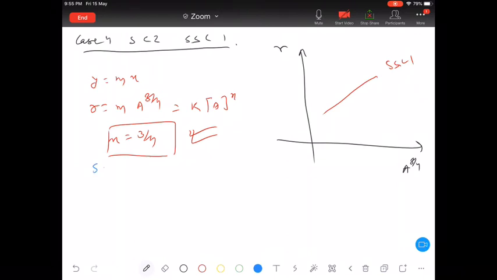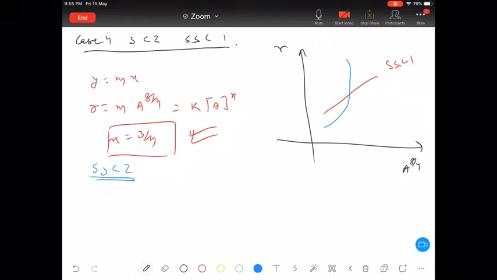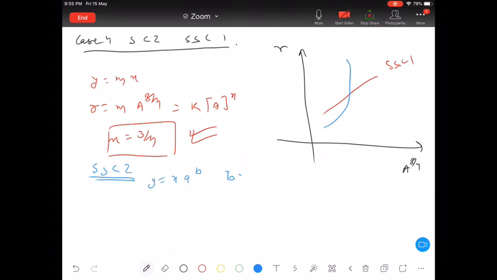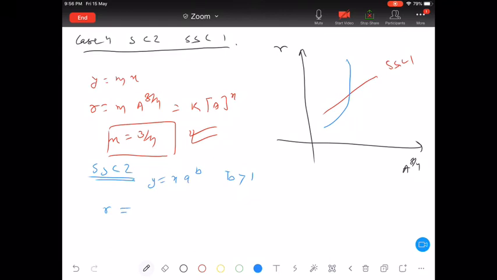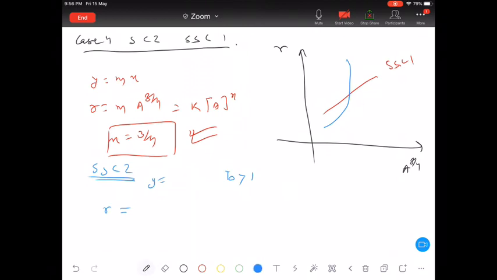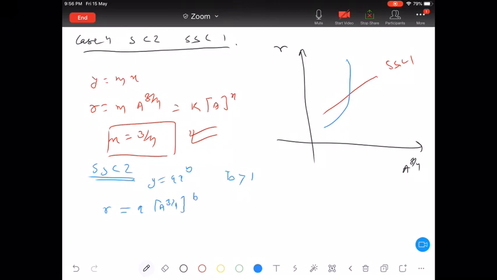Here let's say I take sub case 2. Let's say again if I obtain such kind of curve, which means again y is equals to a x to the power b, where b is greater than 1. So here R is equals to a, x axis we have taken A to the power 3 by 4 to the power b.